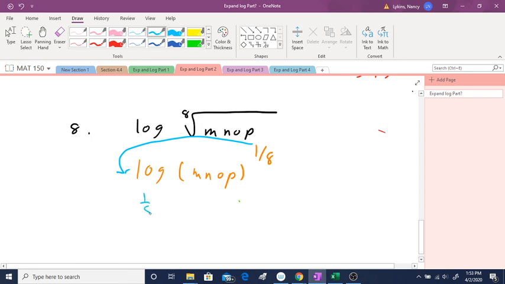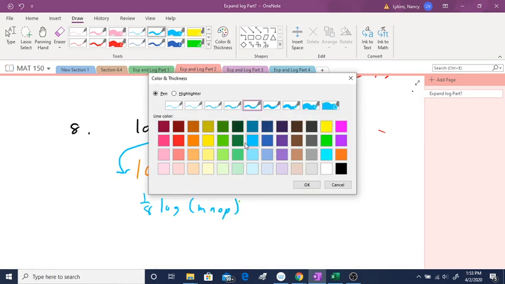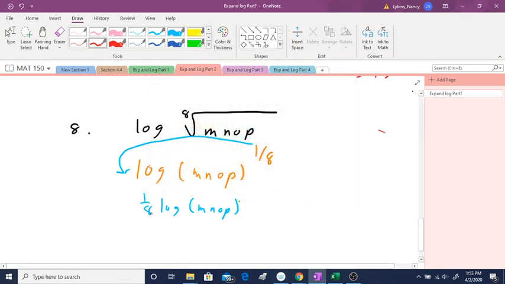And I've got 1/8 log of m, n, o, p. And then we can distribute that 1/8 log to everything in parentheses. I'm going to say 1/8 log m plus 1/8 log n plus 1/8 log o plus 1/8 log p.